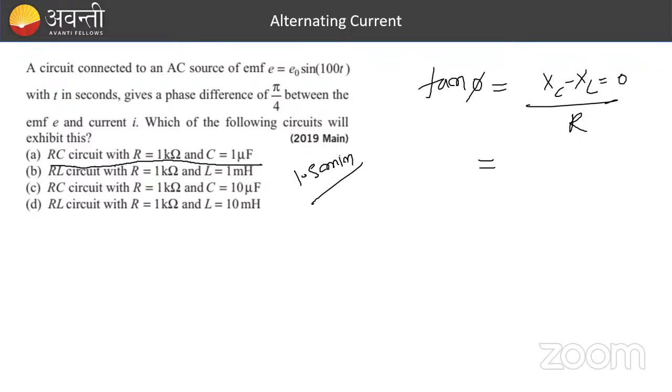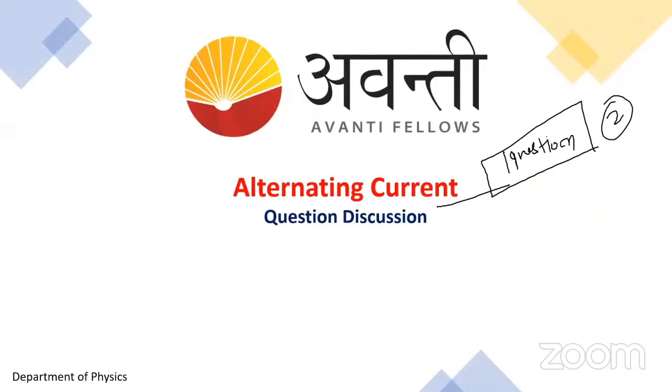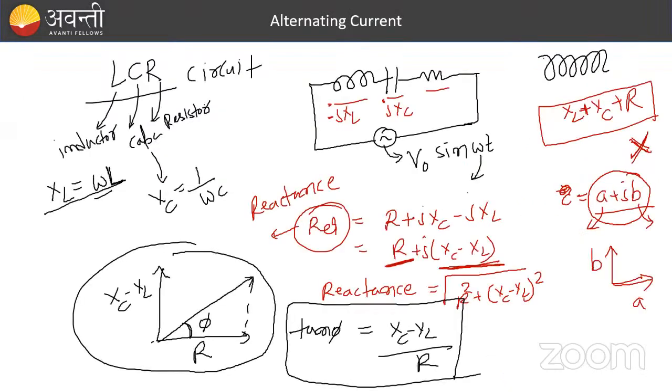XC क्या होगा? 1 by omega C, divided by R, यानी कि 1 by omega C R. Put the values. Omega value is how much here? जैसे यहाँ पे हमने बताया, this is V naught sin omega t. So this is omega. Done.